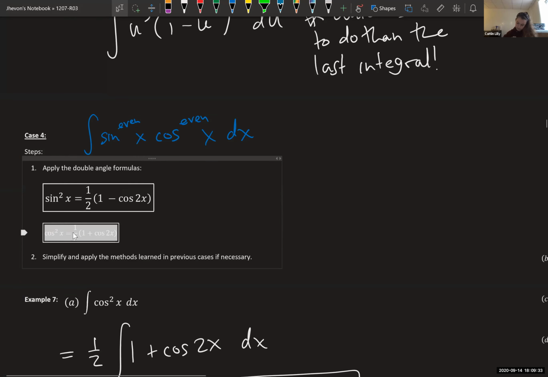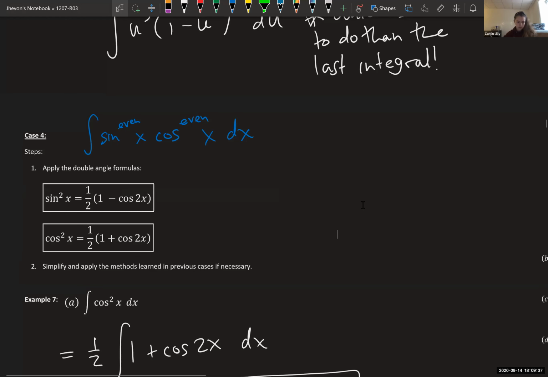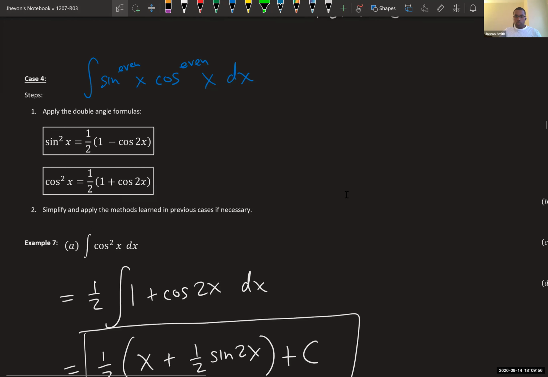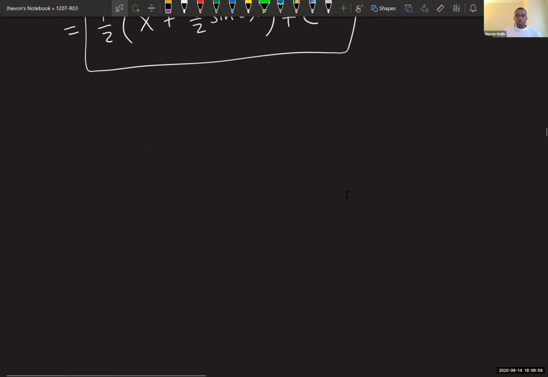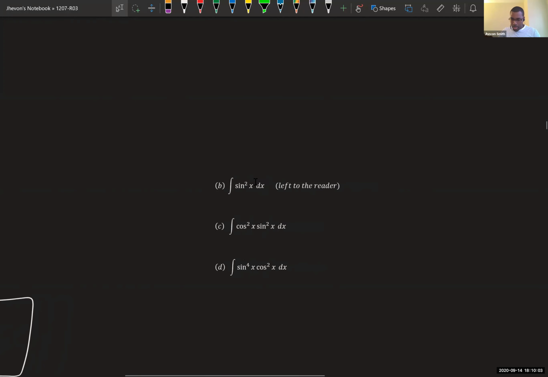So yeah, and those formulas, I expect you to have them memorized if you haven't already. Okay. All right. Now, the other example is very similar, so I'm not going to do it. Exercise left for the reader.